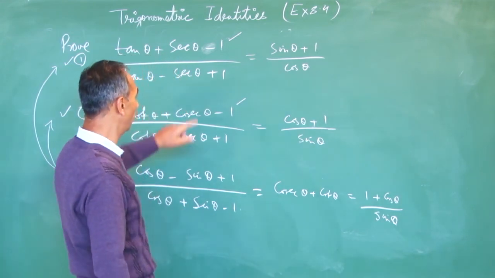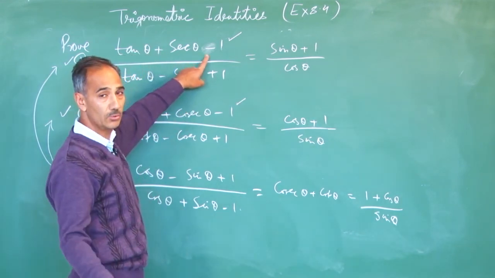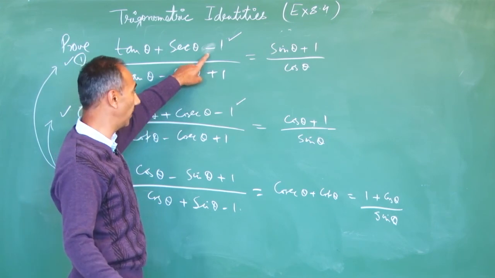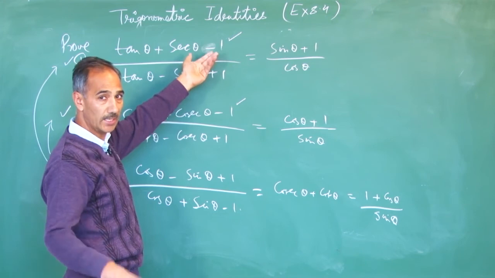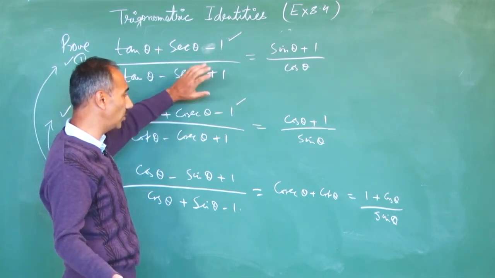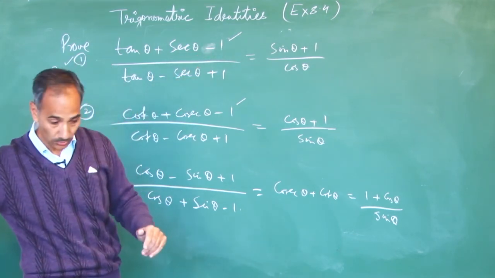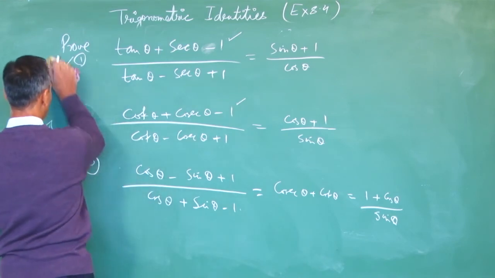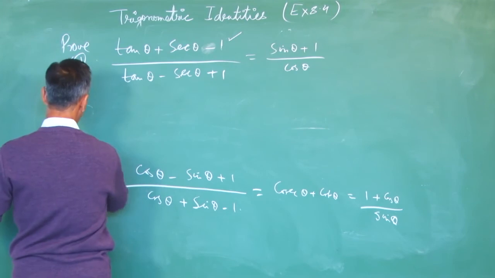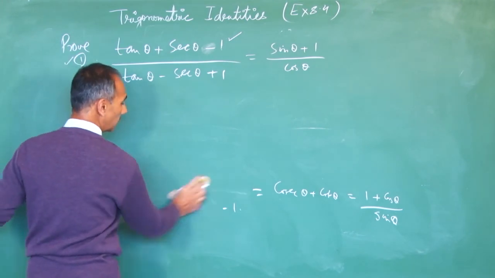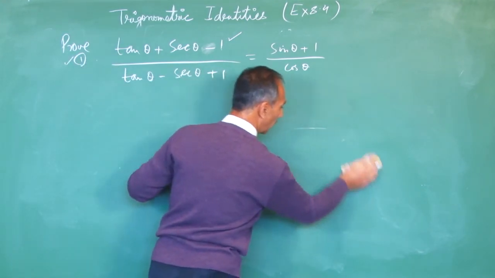So just do remember, go to the minus 1, be it in the numerator or in the denominator. I have minus 1 in the numerator here, here also. If you reciprocate it, you will get the other result, so you will have minus 1 in the denominator.